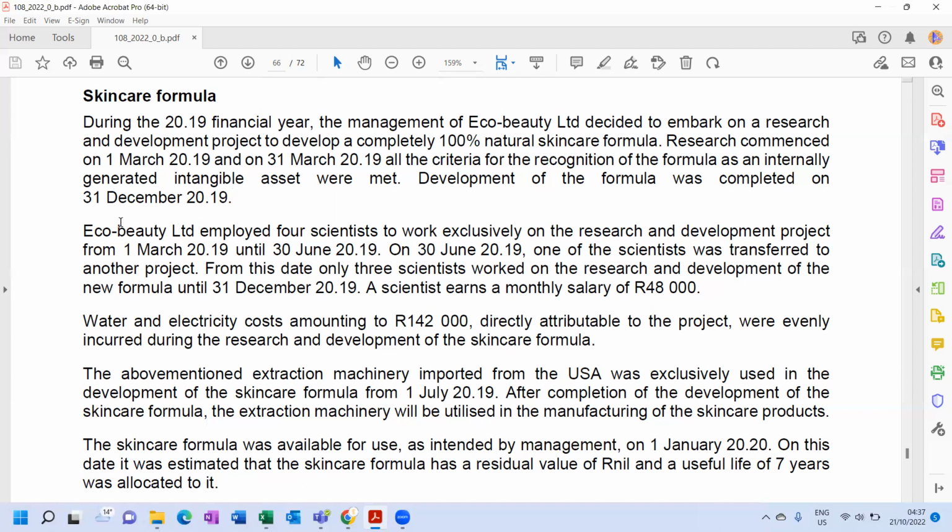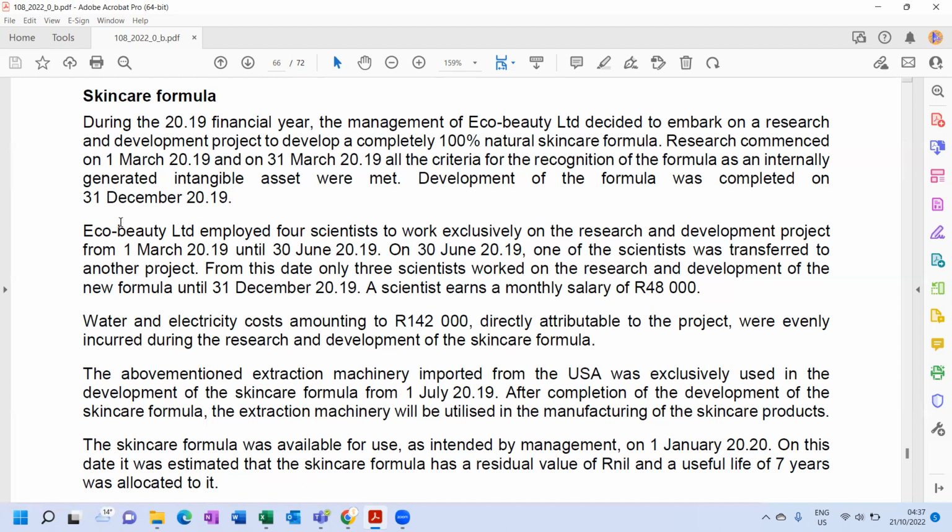From this date, meaning from 30 June or effectively 1 July, only 3 scientists worked on the research and development of the new formula until 31 December 2019. So basically from 1 July up until 31 December, that is 6 months. Okay, so the whole project ran from 1 March until 31 December, which is 10 months. Out of the 10 months, 1 month was research and 9 months is development. So cost for 9 months will be capitalized from 1 April up until 31 December.